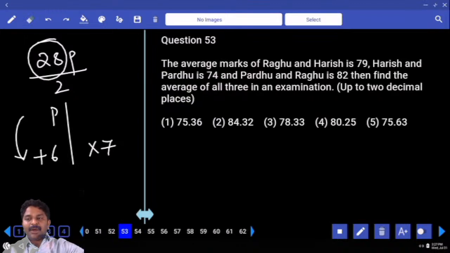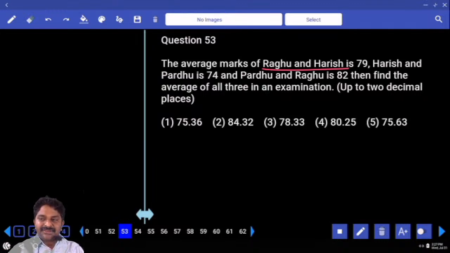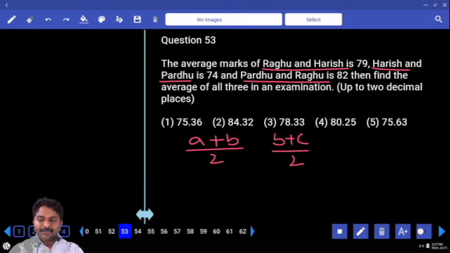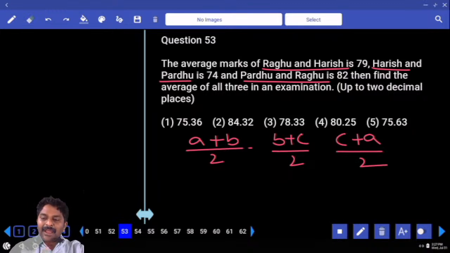The average marks of Raghu and Harish is 79, Harish and Pardu is 74, Pardu and Raghu is 82. Then they find the average of all three. Let's say AB average, BC average, AC average. You need not write (A+B)/2, (B+C)/2, (C+A)/2; these are the values in the question. If you add everything in the numerator, how many A's are there?